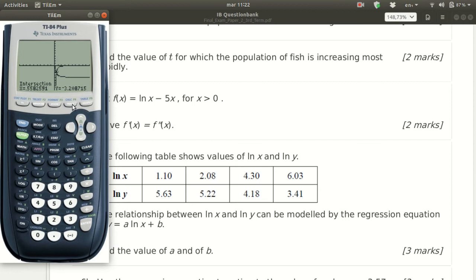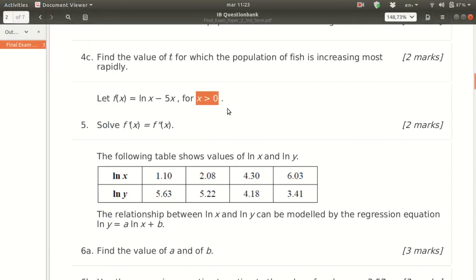A lot of you that tried to do it by hand didn't get the right answer. Some of you got the right answer, but got a negative answer as well, and you included both. However, x is greater than 0. So you have to be careful because it wasn't a negative answer. The problem is setting the domain for x greater than 0. Even if they didn't give you this, you still have to assume it because the natural logarithm has a domain that is x greater than 0.